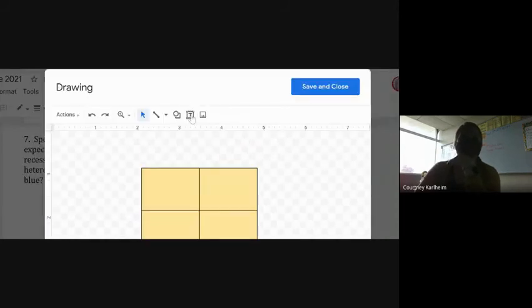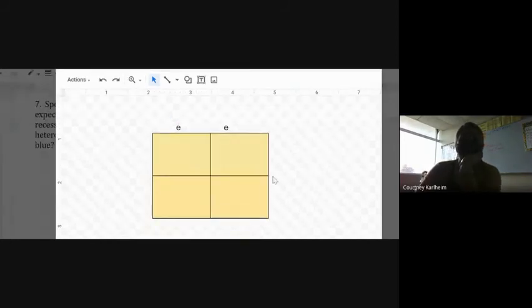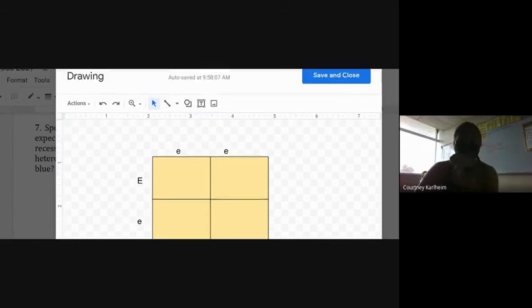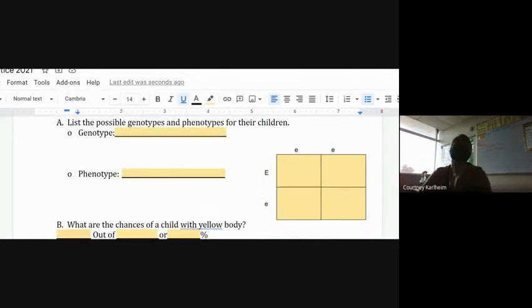So again, I don't care where you write the 2 little E's, if it's on the top or the side. And then it said that SpongeBob was heterozygous, so 1 of each. I want you guys to try this one on your own. If you have a question, obviously I'll help you out, but I set it up for you.